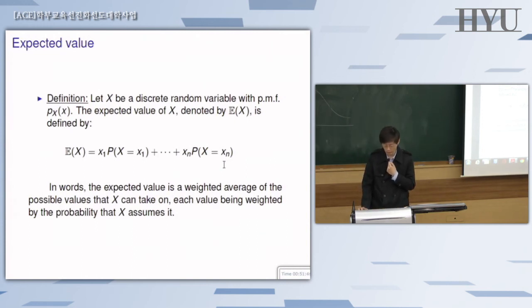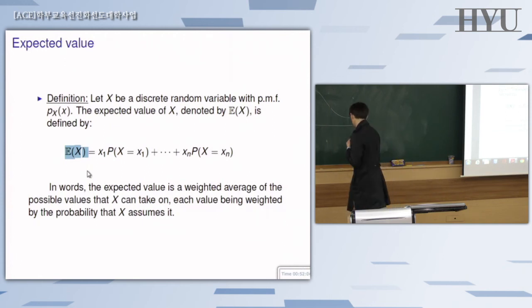So that's expected value. If you compare this one with the sample mean, I said that this number will most likely never be known to us, so we have to estimate it. The simplest possible way to estimate this one is simply to take the sample mean of it.